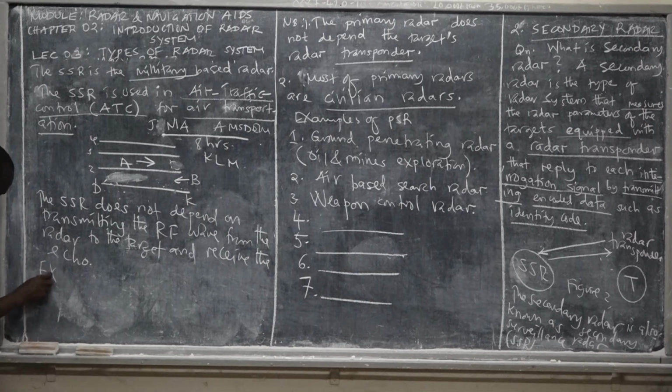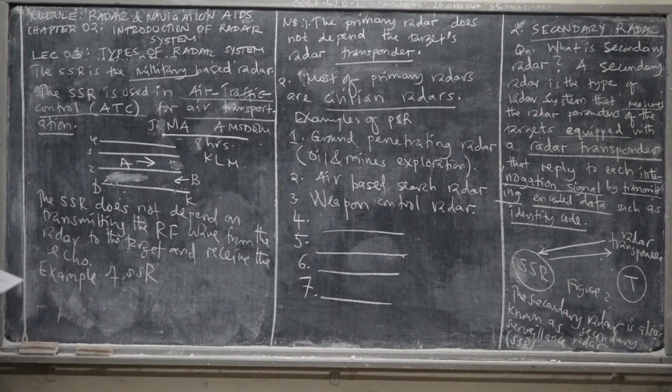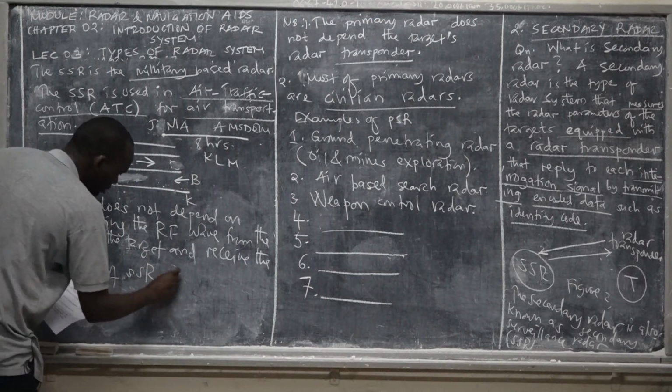Let me give you one example of this radar, then we'll move to the types of secondary radars. The example of SSR, secondary surveillance radar, is this one.